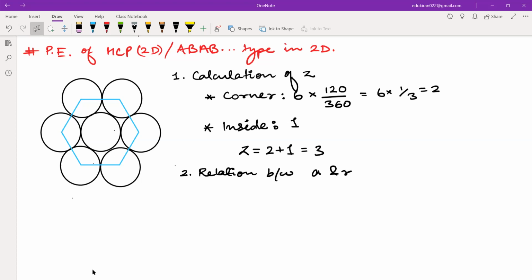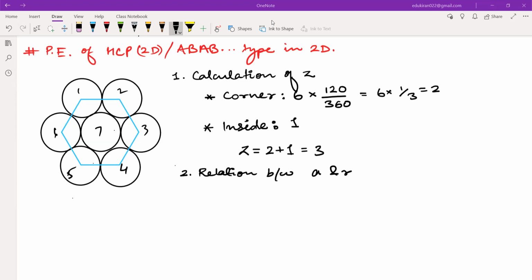Now you tell me, I'm numbering the atoms 1, 2, 3, 4, 5, 6, 7. So tell me which are the atoms that are touching each other that we can take to calculate the relation between A and R? Which of the atoms should I take out of these 7? Remember in the last case, how did we do that?